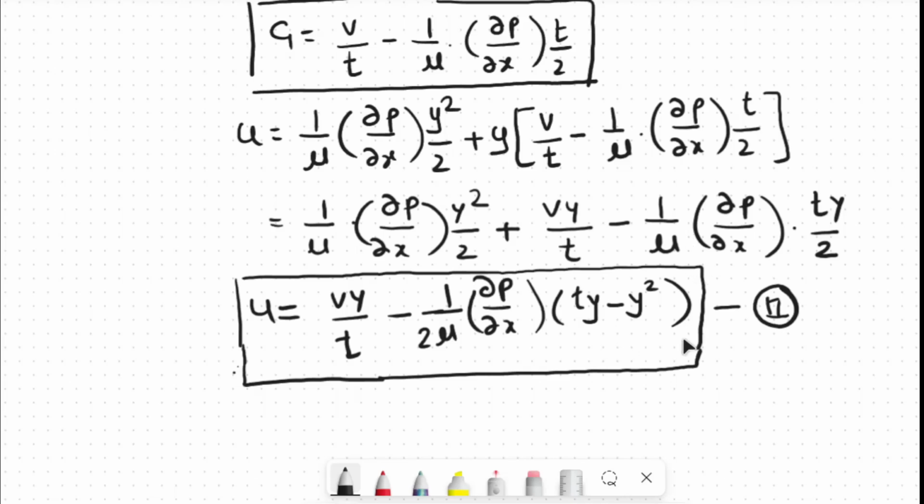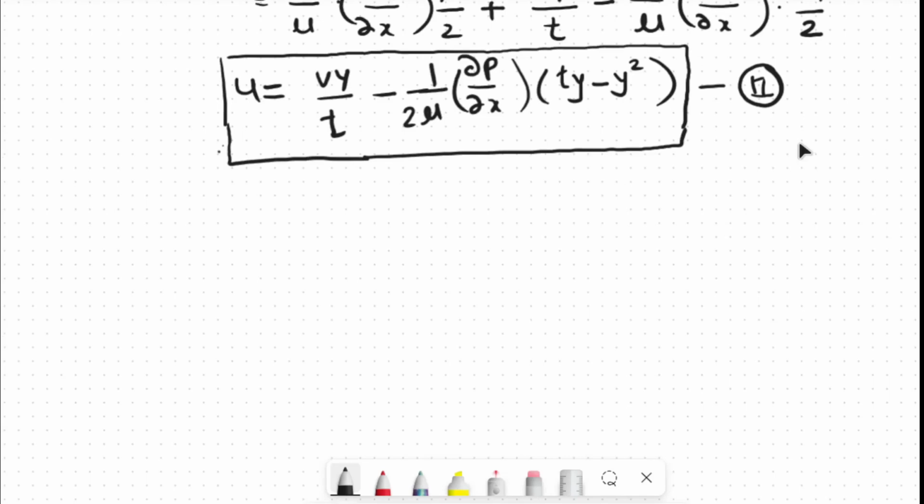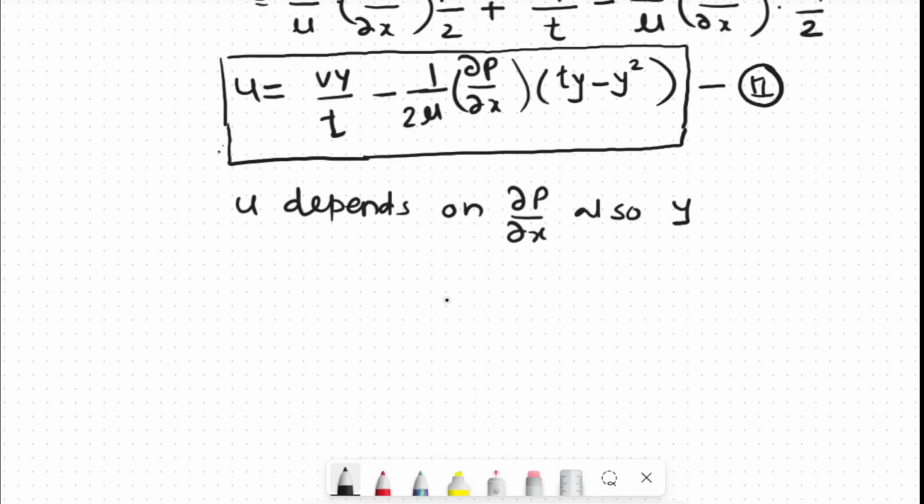Now if we look at this relation, the value of u depends on delta p by delta x, and also on the value of y. Now we know that delta p by delta x is the pressure gradient.